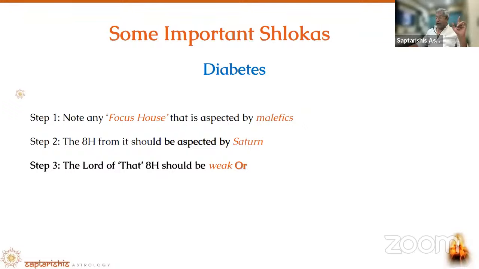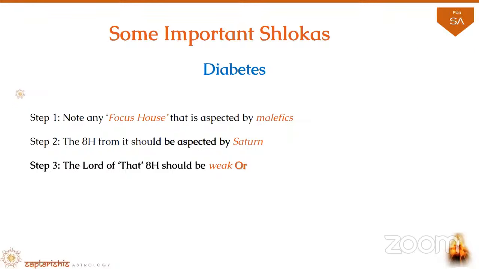And the condition is the 8th, अभी 8th house को aspect हो गया. 8th house is being aspected by Saturn. So we have to check the Lord also, common sense astrology. So the 8th Lord should be weak. Done?